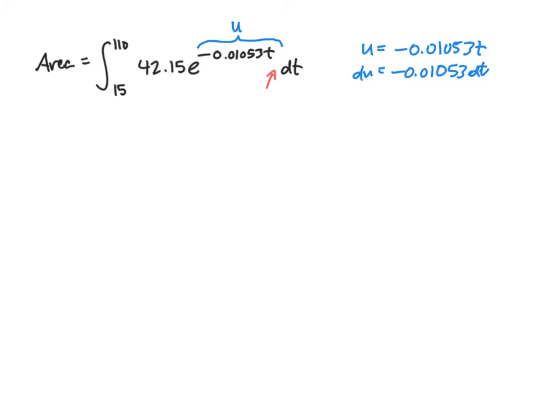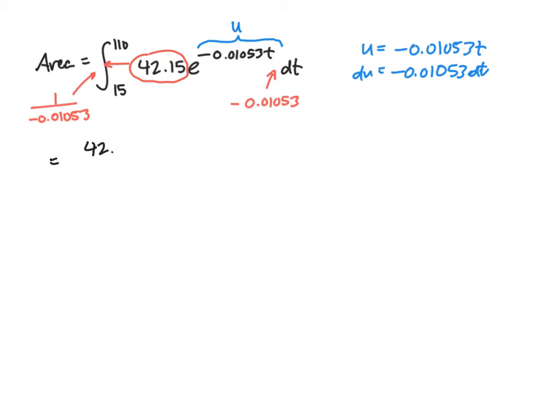That means that I'm going to need an extra factor of 0.01053 in my integral, so I'm going to insert that factor here. But then I have to put 1 over that number out front of my integral. I'm also going to take this factor of 42.15 and factor that out of my integral as well. So what I end up with looks like this.